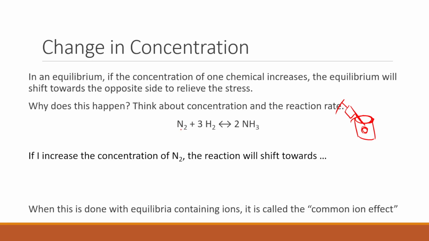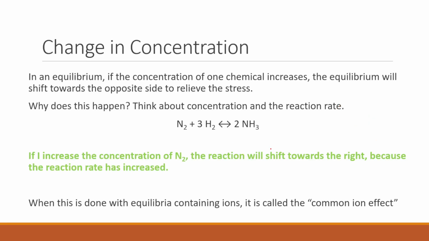If I've added more N2, that means the forward reaction is going to speed up. For a small period of time, N2 and H2 are going to make NH3 faster than the NH3 breaks down. This means we're going to shift to the right.